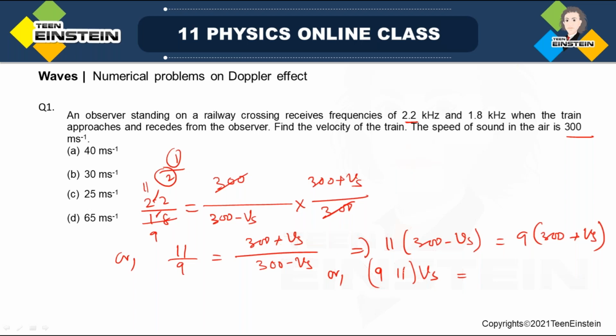Better to take it that side itself. Let me take this side, and then it will be 3300 minus 2700. So Vs will be, this is obviously 600, divided by 33.